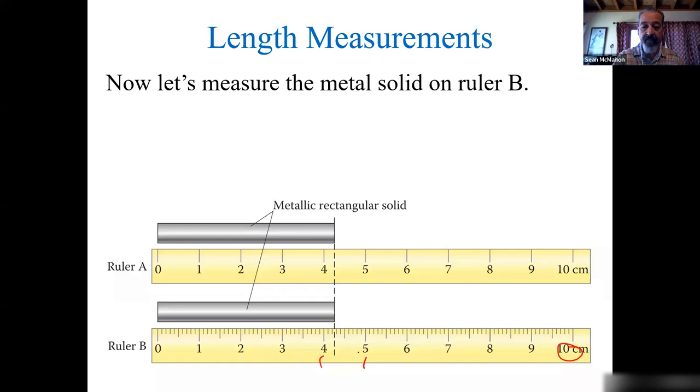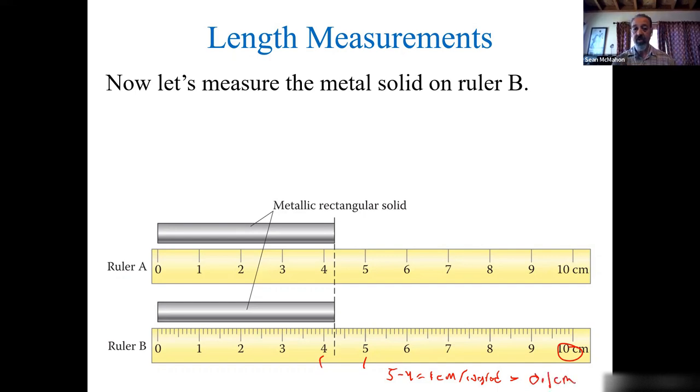Because remember, I have to take the difference. 5 minus 4 centimeters is 1 centimeter. And there are 10 graduations. So that means each graduation must be 0.1 centimeter.